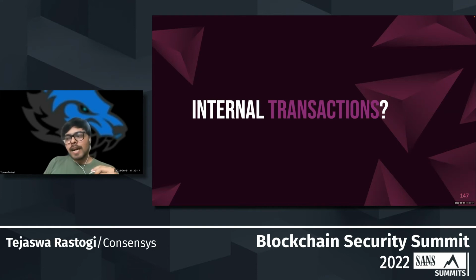Let me ask you, can a smart contract initiate transactions? You would say no, because smart contracts don't have private keys. They cannot initiate transactions or do anything on their own. They are supposed to be called by an end user to get things started. So if smart contracts don't have a private key, they cannot initiate internal transactions.